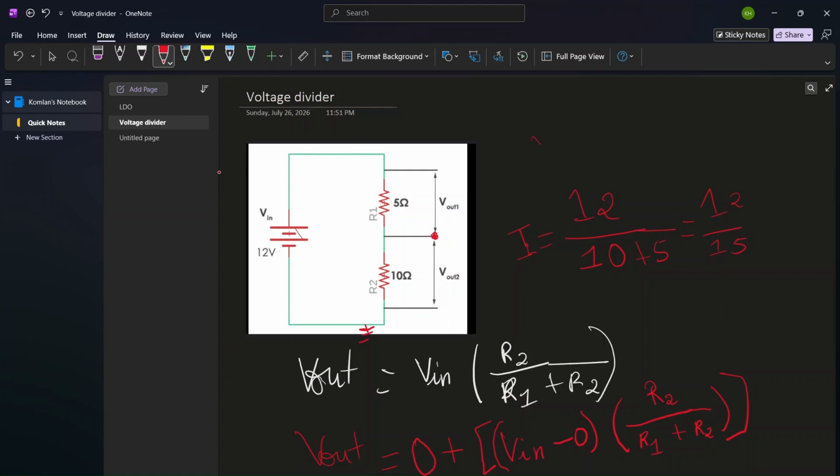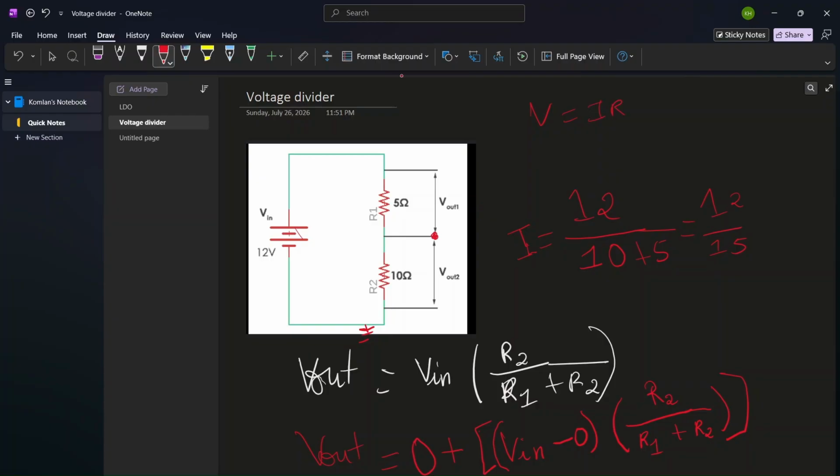But we all know V equals I times R, right?